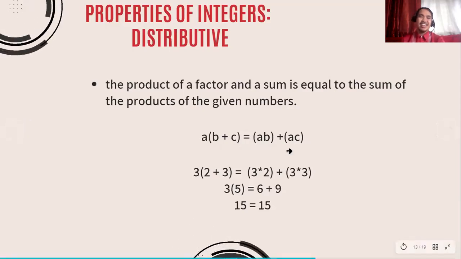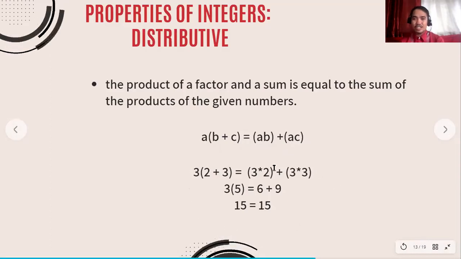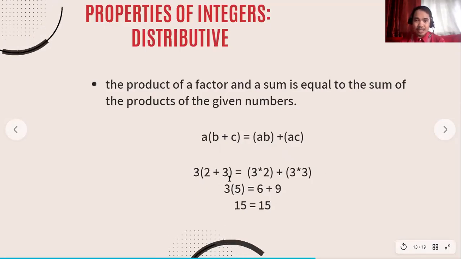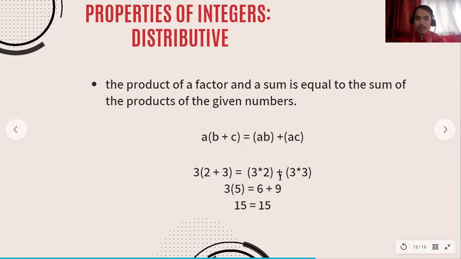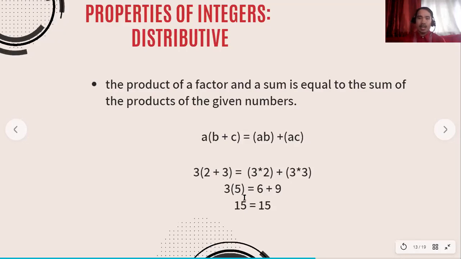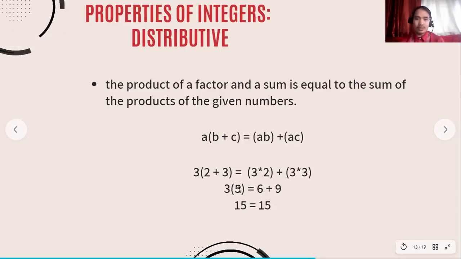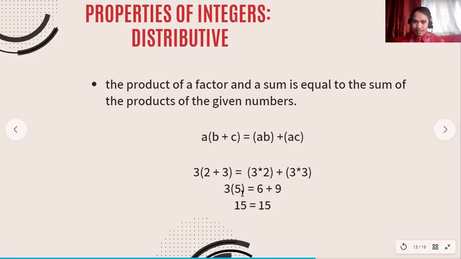Okay, very good. Next, this is an example applying integers. That is 3 times the quantity 2 plus 3 is equal to the quantity 3 times 2 plus 3 times 3. Let us operate each side, okay? So here, class, let's first operate the numbers inside the parentheses. That is 2 plus 3 is equal to 5.